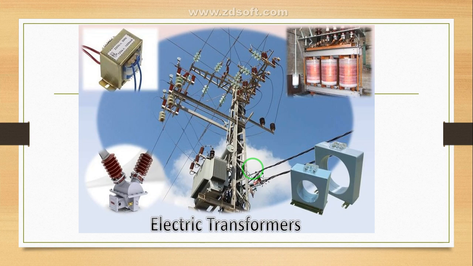But in AC, in addition to the AC motor and AC generator, one more important equipment is the transformer. The transformer is mainly used in power systems. Without transformers we can't imagine power systems. Transformers are mainly used for varying the levels of voltage, whether increasing or decreasing. For that purpose we utilize these transformers.